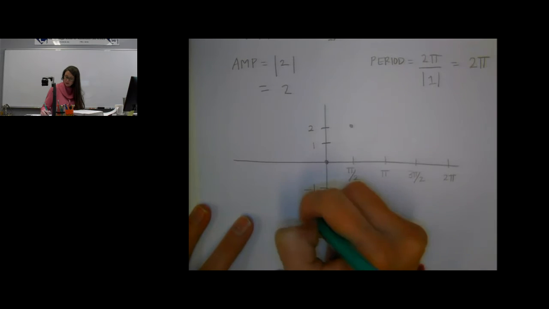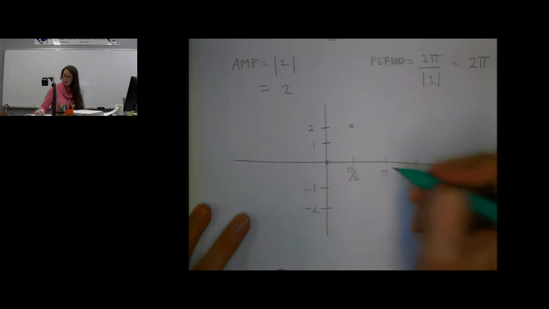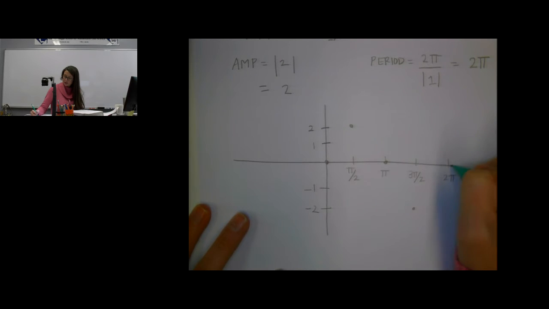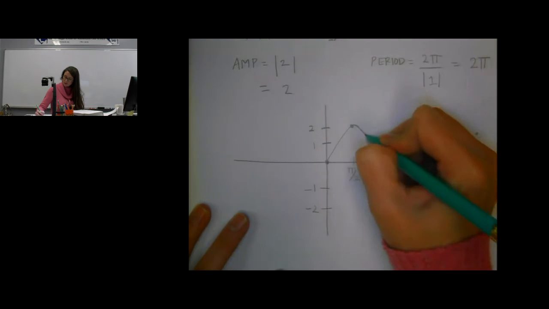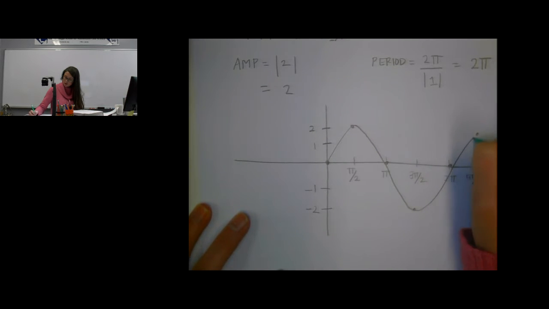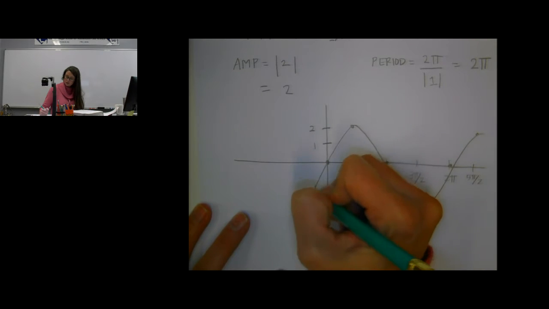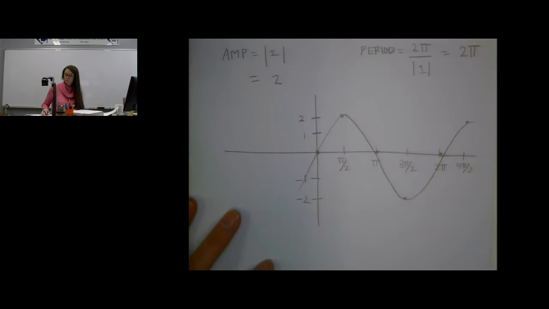Same thing down here, we're going to be at negative 2. At pi, we're going to go back to 0. At 3 pi over 2, we're going to be at negative 2. And then at 2 pi, we will be at 0 again. At 5 pi over 2, we'll be back up at 2. So basically what this is doing is stretching the amplitude, and this continues to go in that direction.